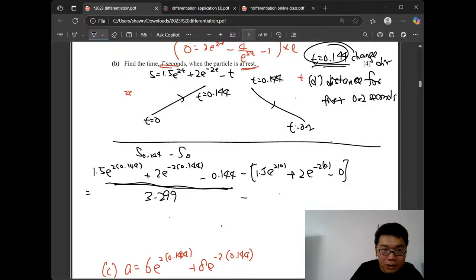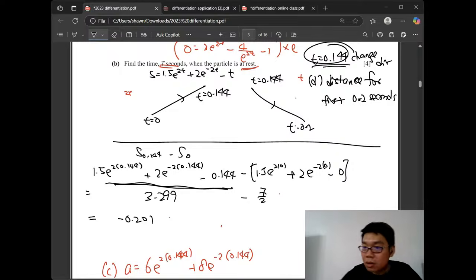Okay, so for this part, it's 7/2, is it? Do you get negative 0.201?